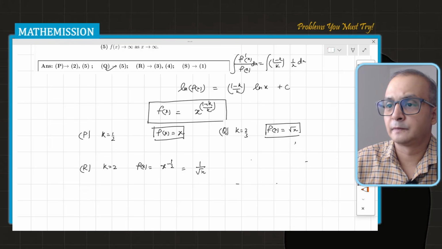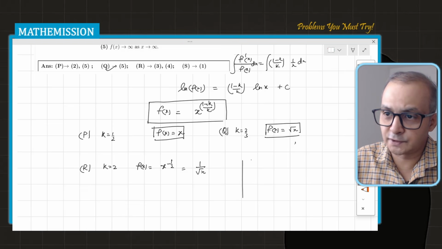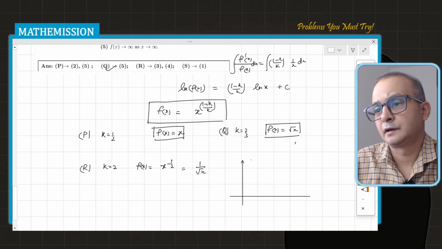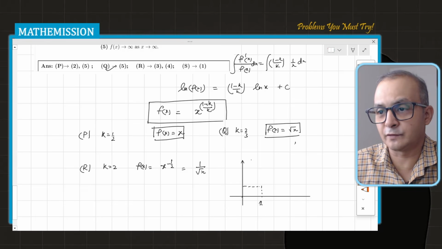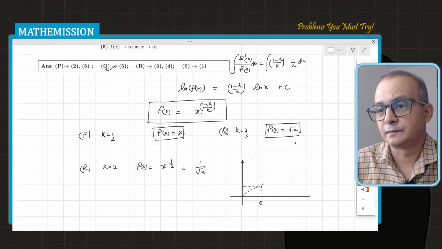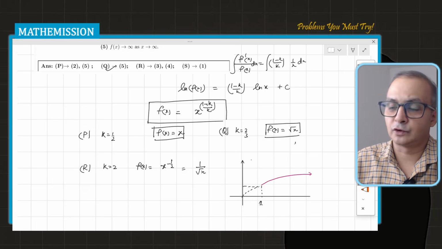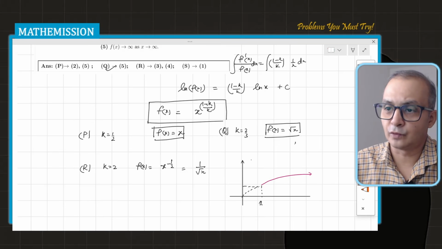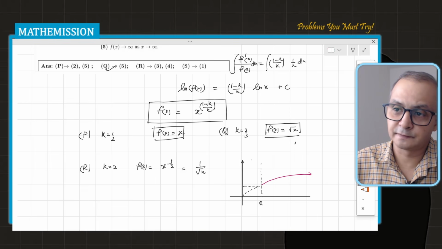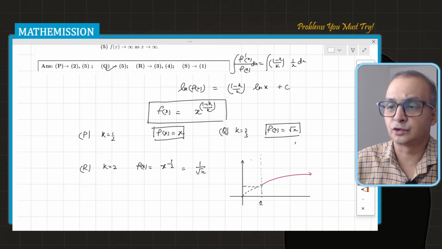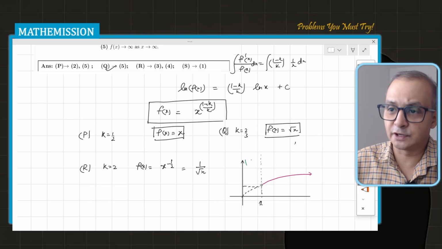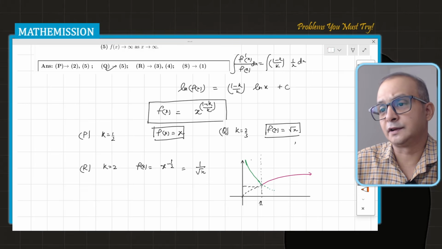So what we do is, let's draw the graph of root x first for x greater than 1. When x is equal to 1, the root x is also 1, so it was coming from here, but after that it will go like this, that is root x. Now in order to draw the graph of the reciprocal of root x, at 1 it is 1, so it will start decreasing because root x was increasing, and after that it will keep decreasing.